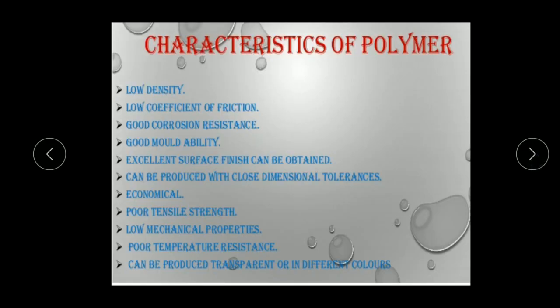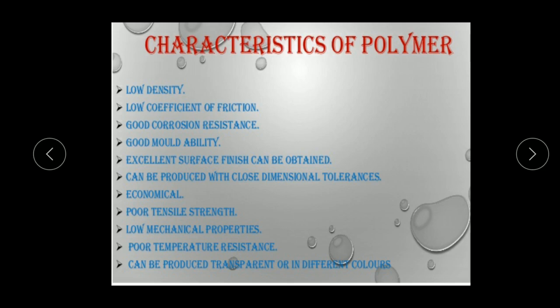Here I am making a list of the characteristics of polymers. Number one, low density, a low coefficient of friction, good corrosion resistance, good moldability, and excellent surface finish can be obtained from polymer materials. They can be produced with close tolerances, and they are economically good.